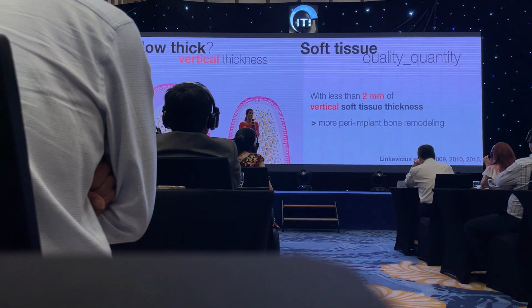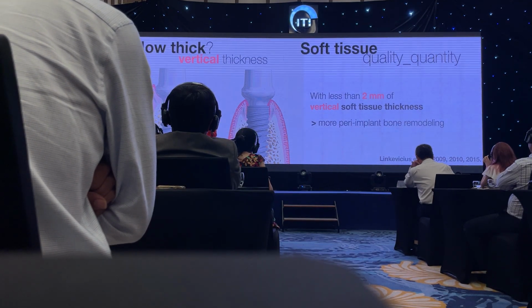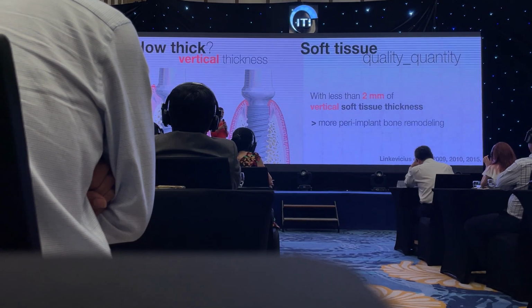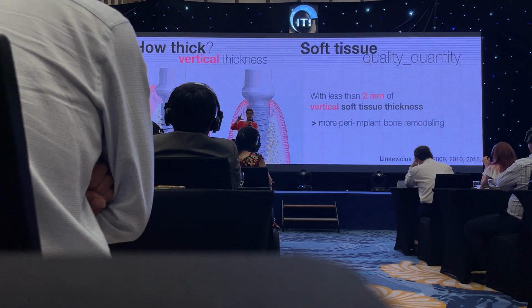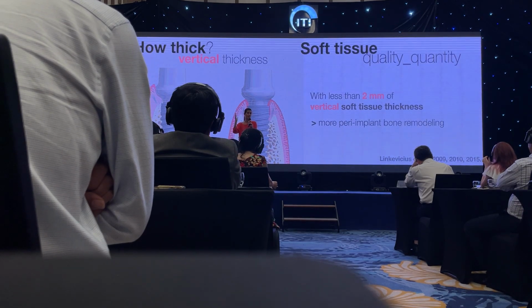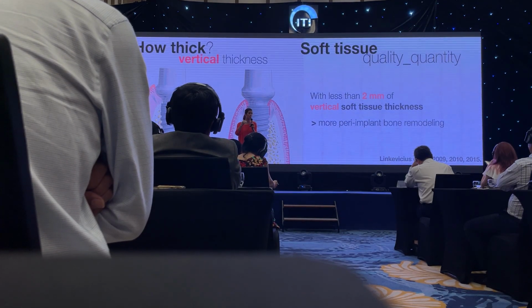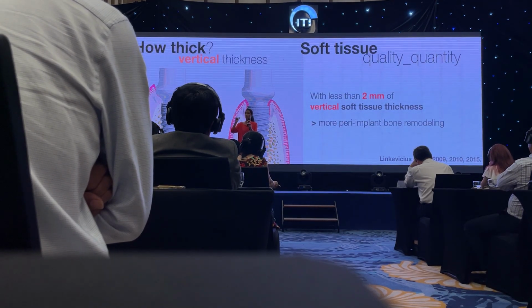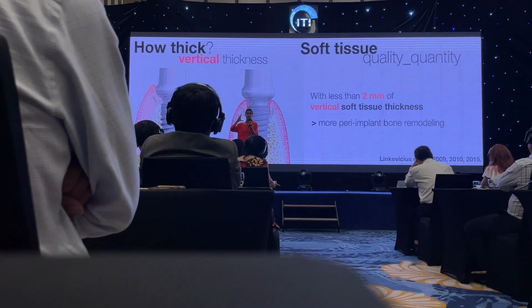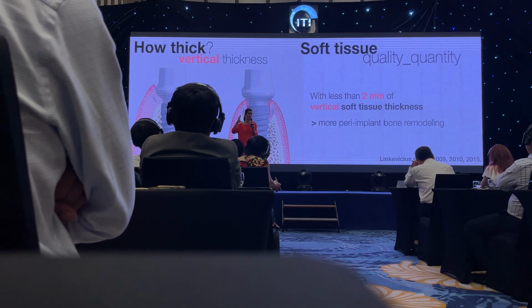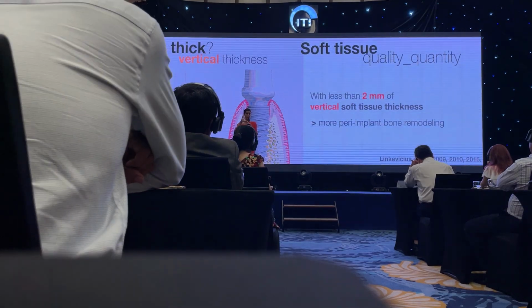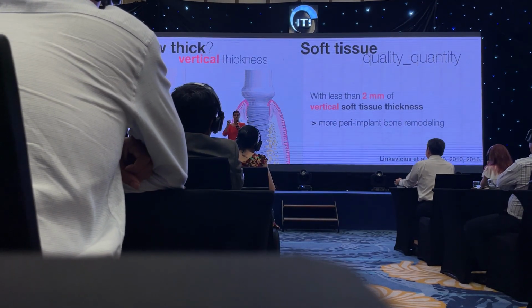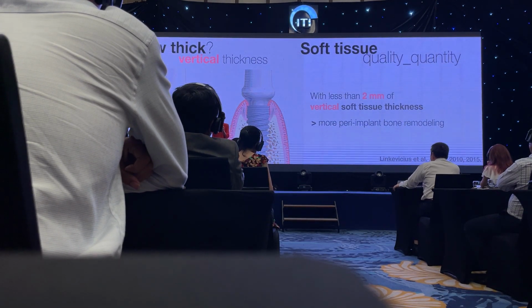Although there is the same quantity of bone, if we place an implant there, on the first one you have enough thickness to have a proper biological width around the implant. You remember, it's generally 3 to 4 millimeters. So you need 3 to 4 millimeters of soft tissue around the implant for the muco-integration to establish. If you have just 1 millimeter, this is not enough in thickness.